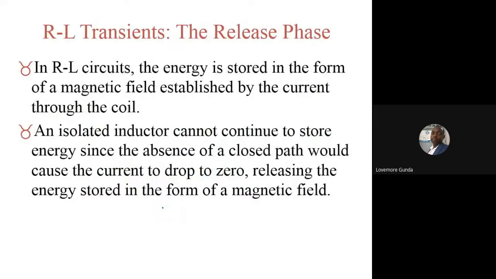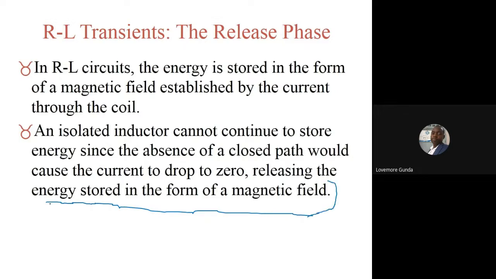So in an RL circuit, the energy is stored in the form of a magnetic field established by the current through the coil. An isolated inductor cannot continue to store energy, since the absence of a closed path would cause the current to drop, releasing the energy stored in the form of magnetic field. That's the difference between an inductor and a capacitor.